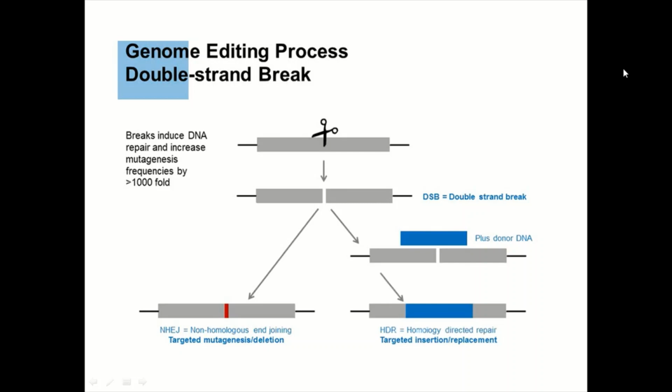The ratio of NHEJ and HDR depends upon the individual experimental setup, like cell type and amount of donor DNA.